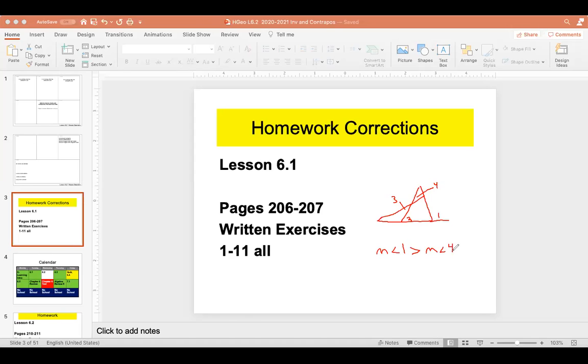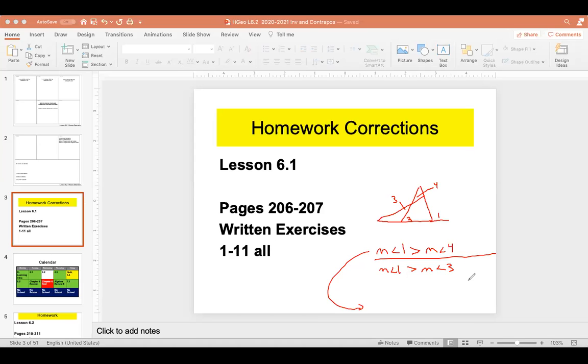You can start it many different ways. I'm going to start with angle 1. I'm going to say that the measure of angle 1 is bigger than the measure of angle 3. Why can I say that?